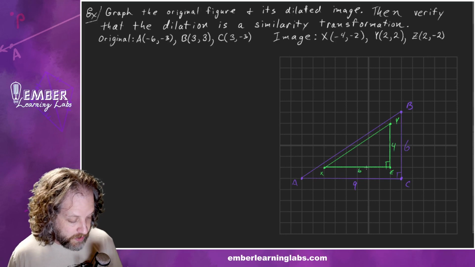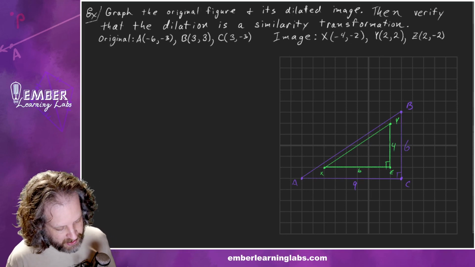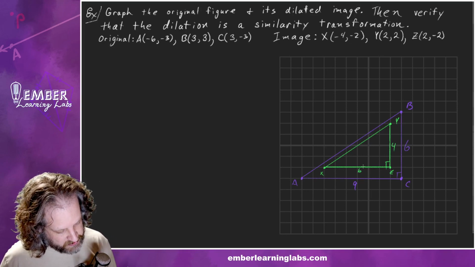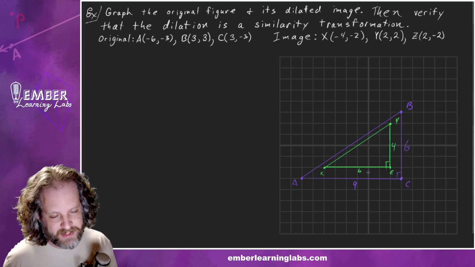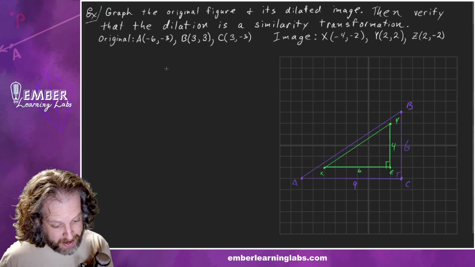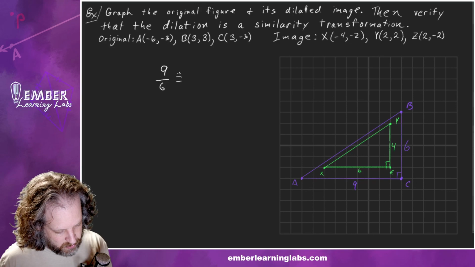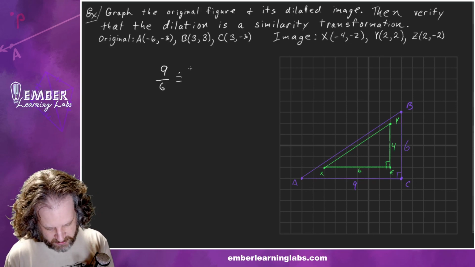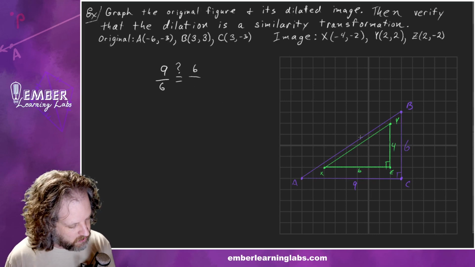So we know the angle in between them is congruent, right? So we need to figure out is 6, we're going to go purple to green. 9 to 6, it doesn't matter, but we're going to just keep good habits, right? So does 9 to 6 equal 6 to 4? Excuse me, not 9, 4.